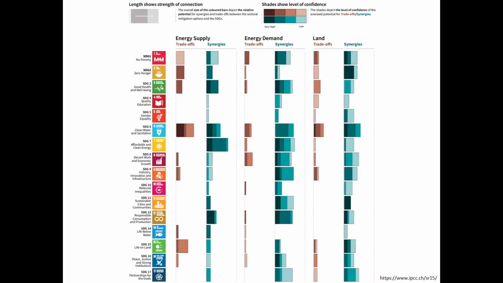A trade-off is like, for example, I'm going to have to reduce my quality of life in order to be more efficient in my energy needs. So this is one trade-off. For some reason you have trade-offs with food, hunger.